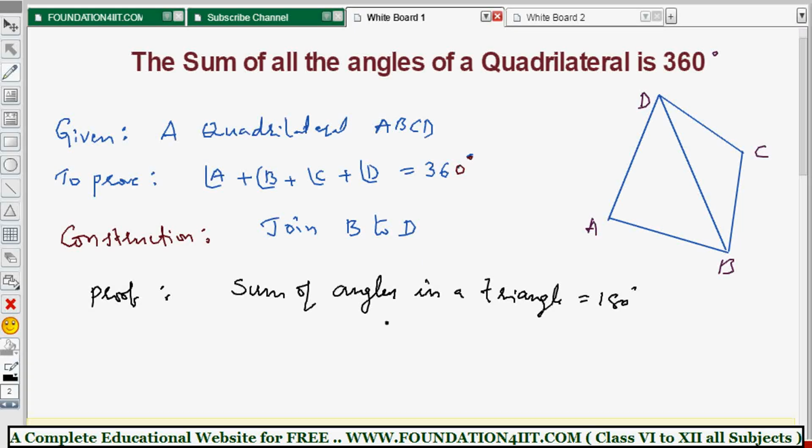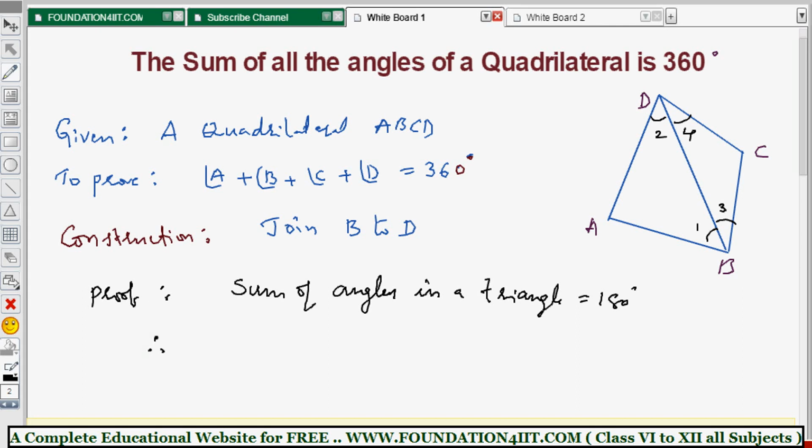So when you see here, there are two triangles: triangle ADB and triangle CDB. Let me label the angles 1, 2, 3 and 4. Because angle B means 1 plus 3, and angle D is here 2 plus 4.